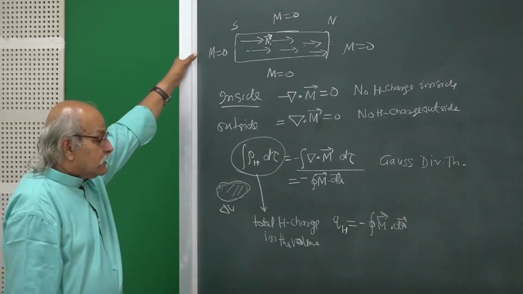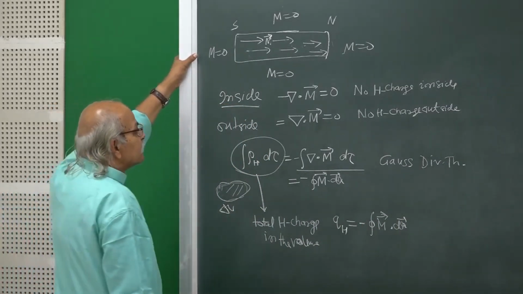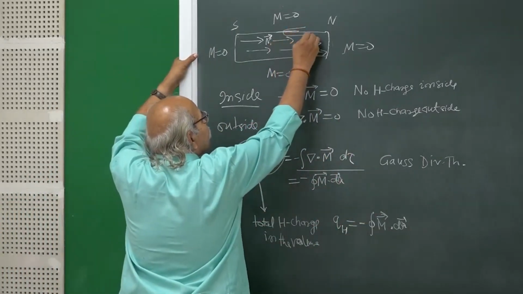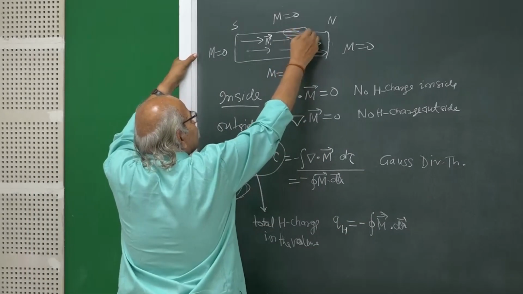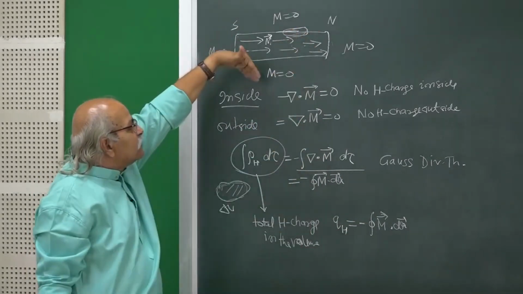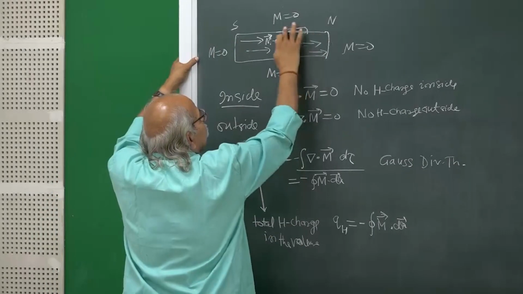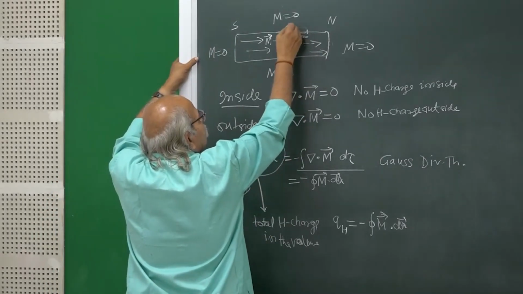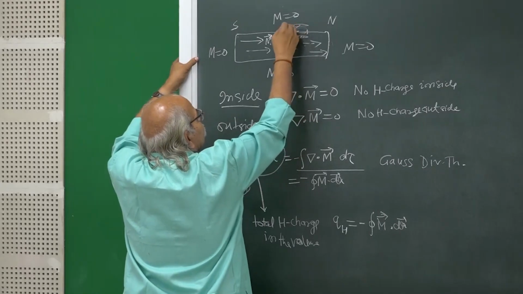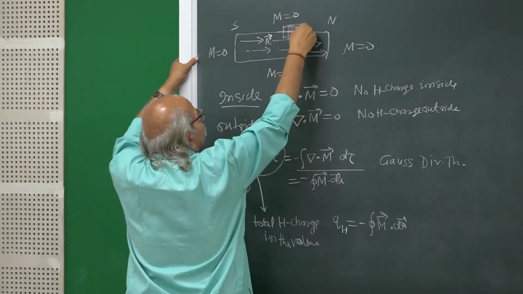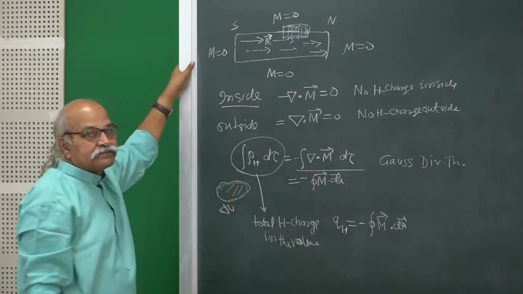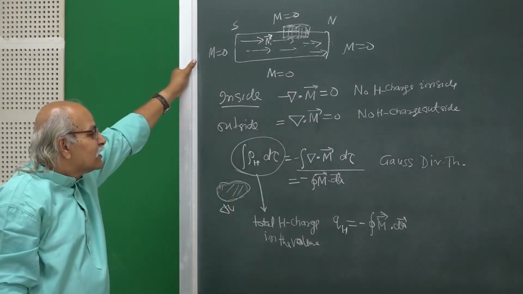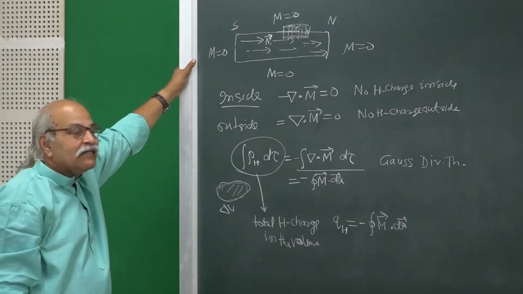Good. Now, let us take a volume somewhere here. You take a plane area here, you take a similar plane area here, and then connect the corresponding points and make a volume. What is M dot dA?